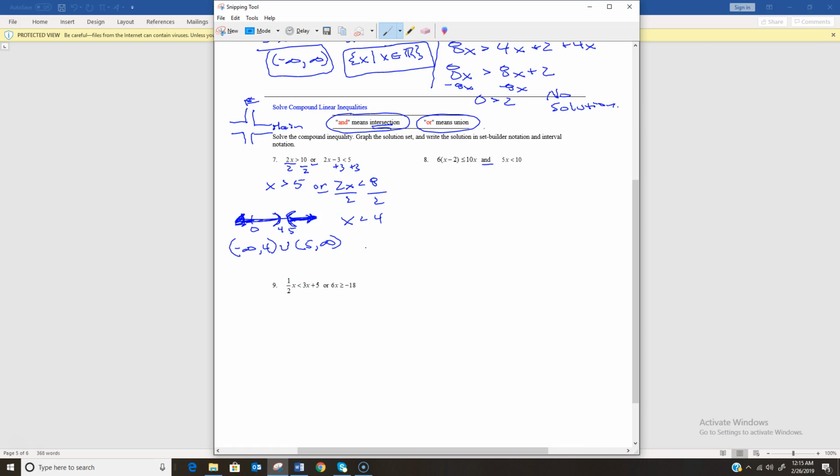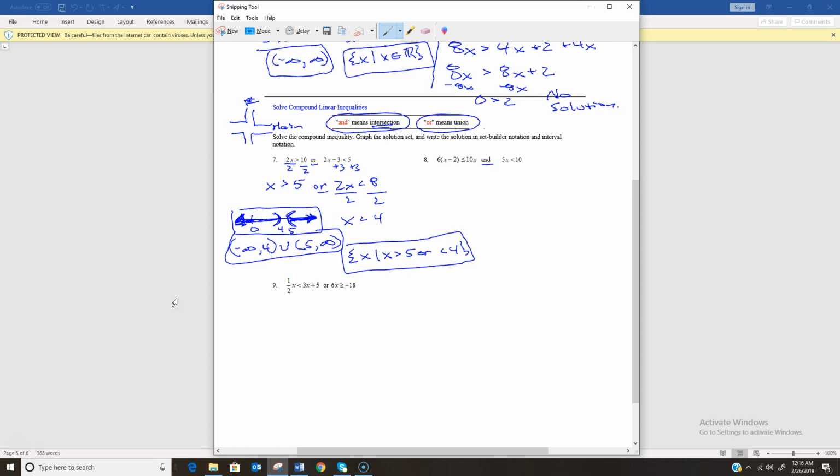Our set builder notation would have the set of x's where x is greater than 5 or less than 4. So there's your graph, your interval, and your set builder.